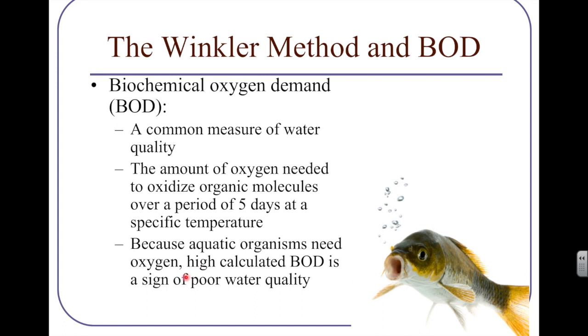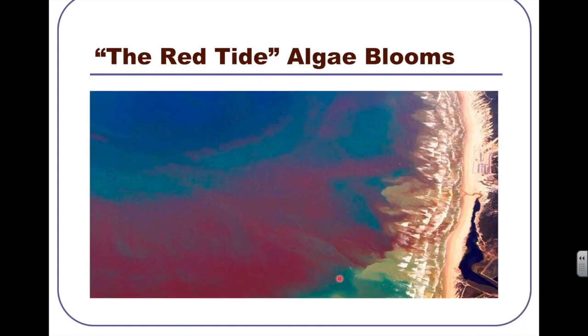Now, what you must know is that a high calculated BOD is a sign of poor water quality. And that's not a good thing. We want our fish to be able to breathe, right?